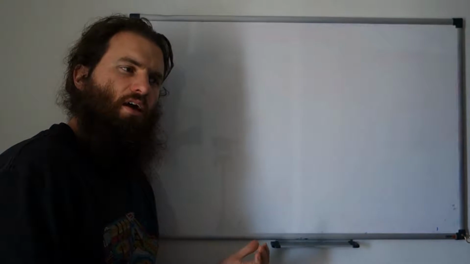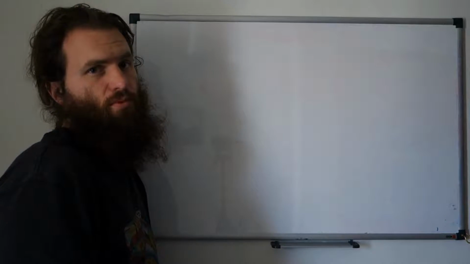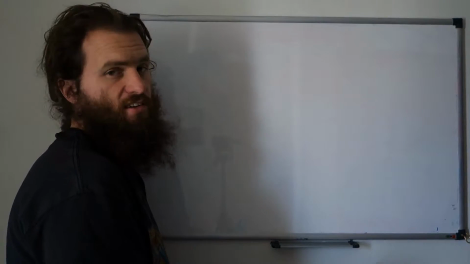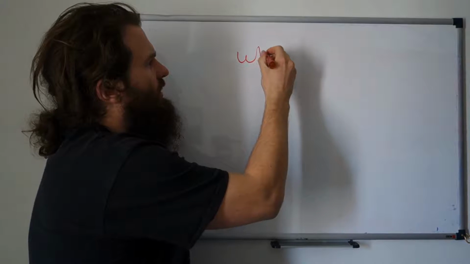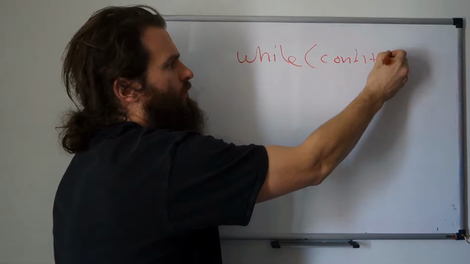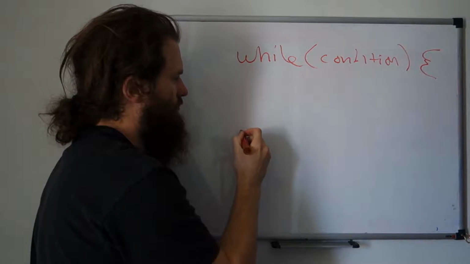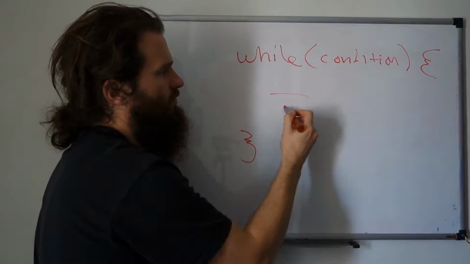So the other type of loop in C is called a while loop, and it has the following syntax: while condition, and then we have our block where we put our statements.